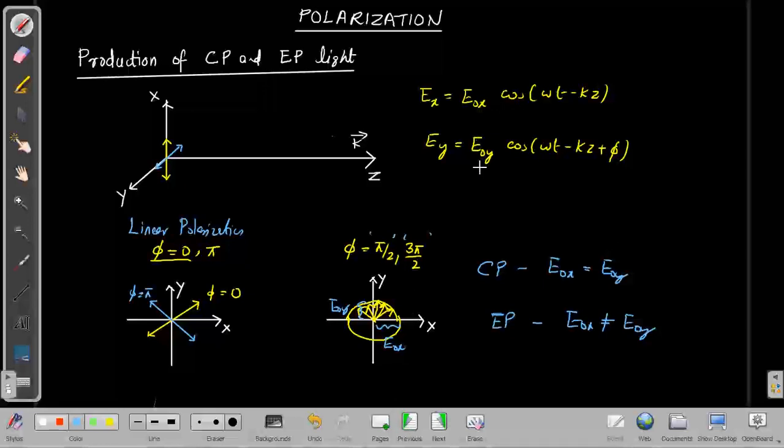A pi by 2 phase difference is equivalent to lambda by 4 path difference. So in order to produce a pi by 2 phase difference, I think only a quarter wave plate is enough. Then we can discuss the arrangement, how to produce this circular polarized light.